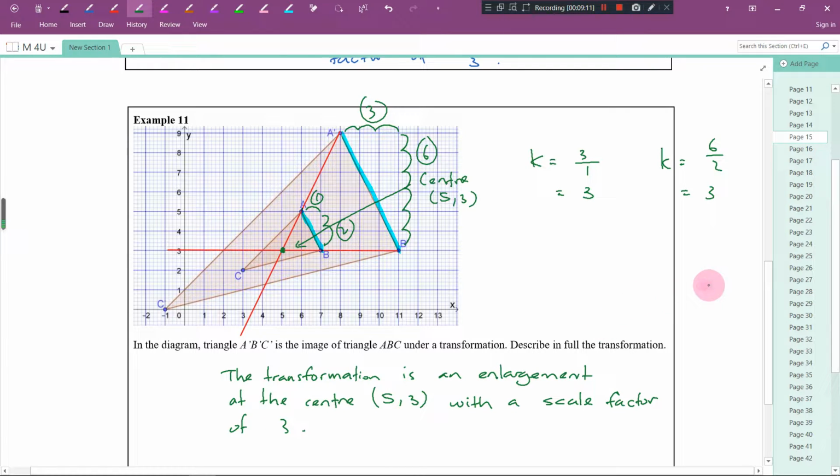Okay, so remember, to describe an enlargement, we need two informations. We need to mention these two important information. First is the center of enlargement, and second is the scale factors.